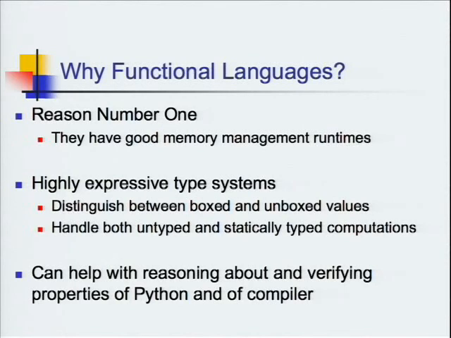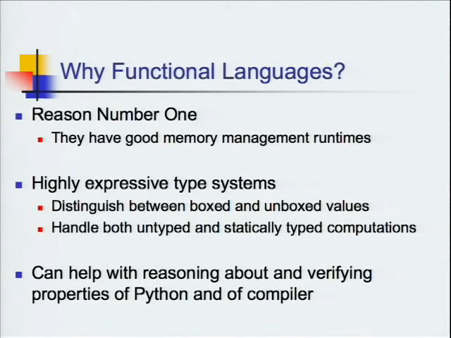And as Walid talked earlier in his talk about resource-aware programming, there are extensions to OCaml and in the functional programming world, which can help in reasoning about and verifying properties of a language as also of a compiler, which can help us in checking the correctness of the compiler, as also the correctness of the generated code.